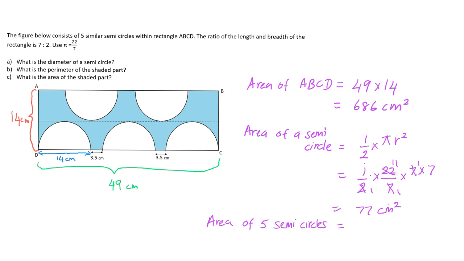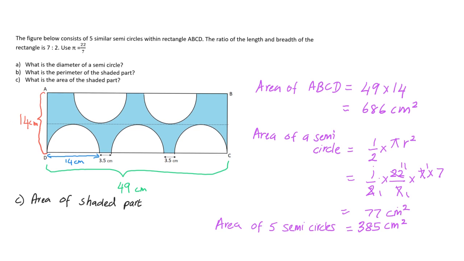The area of 5 semicircles will be 77 times 5, which is 385 centimeters squared. So therefore, the area of the shaded part would be 686 minus 385, which gives us 301 centimeters squared.